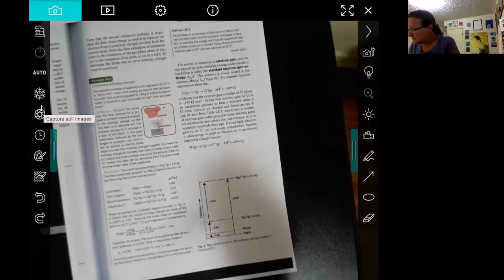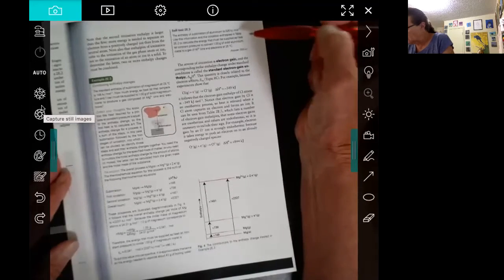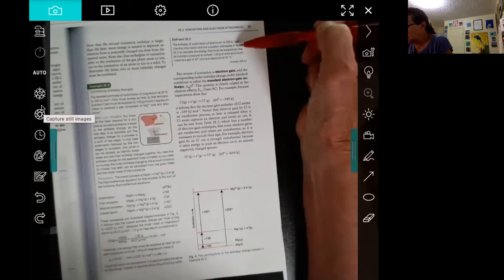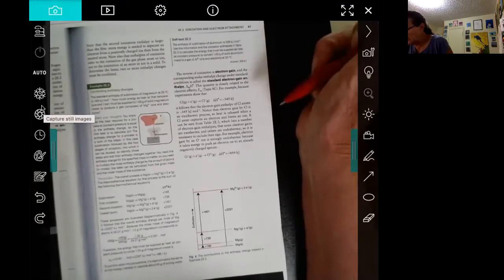So for the last thing, let's just do this problem right here. The enthalpy of sublimation of aluminum is given. Use the information in the ionization enthalpies in the table to calculate the energy that needs to be supplied as heat at constant pressure to convert 1 gram of solid aluminum metal to gaseous aluminum ions.